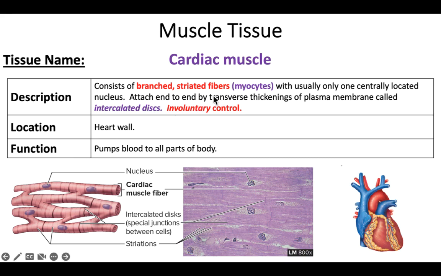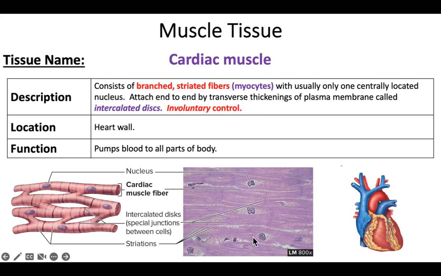They attach end to end at an area called the intercalated disc. So basically, where these two cells attach to one another, there's two plasma membranes up against one another. What it does is it makes it a little darker, so you can actually see where the cells are attached to one another. So right there's an attachment, there's one there, there's one there, there's one there.